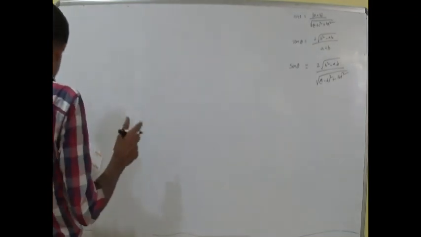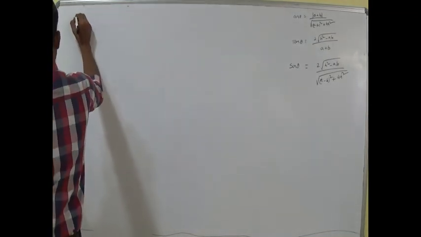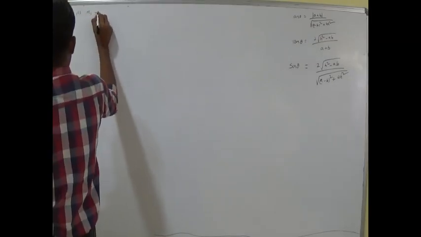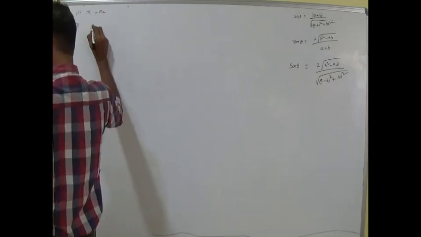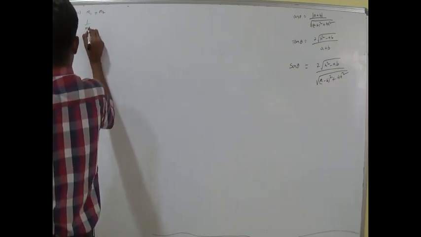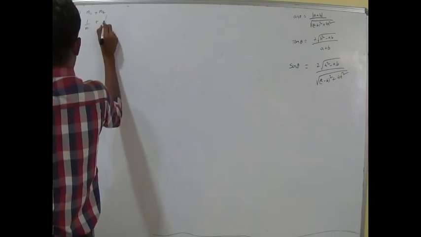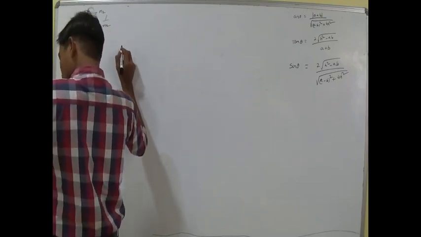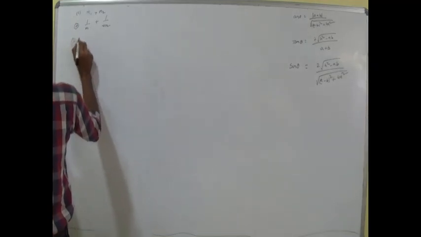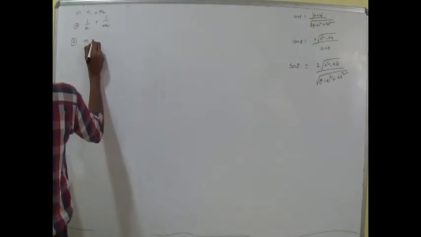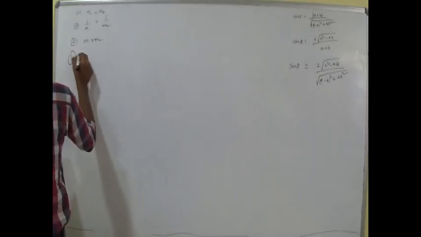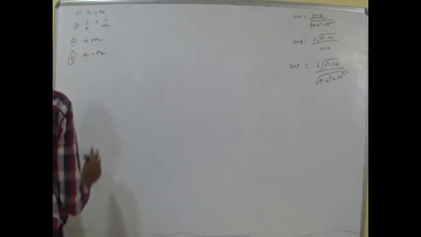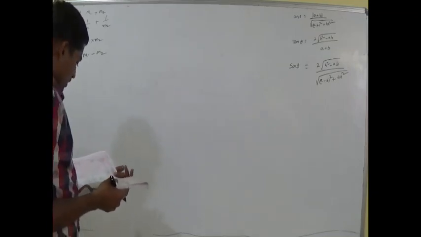I have to find the values of m1 plus m2, second one 1 by m1 plus 1 by m2, the third one m1 into m2, fourth one m1 minus m2. Let us see.